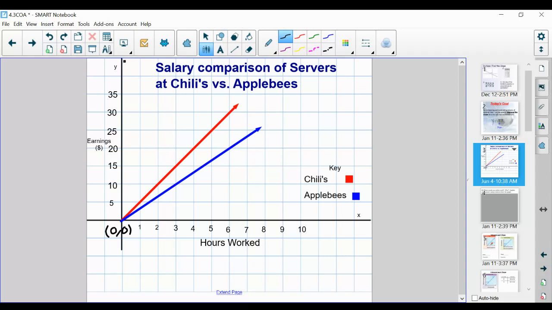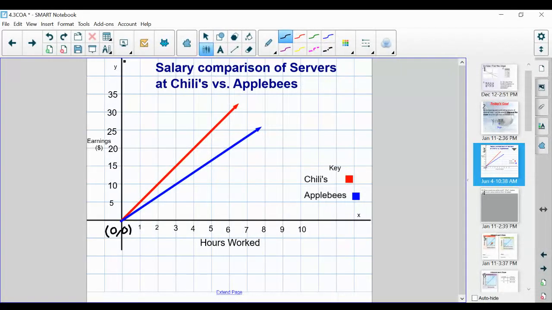Now, obviously, this is not minimum wage, but servers typically don't earn minimum wage because they generate the tips that people leave. But as we look at it, let's start to interpret some things that we are noticing. We're seeing that Chili's seems to offer more money for a comparison of hours. We looked at how much money we get at 2 hours and how much money we get at 6 hours.